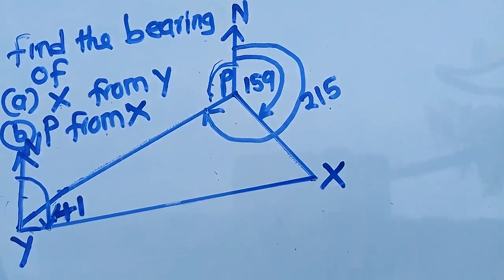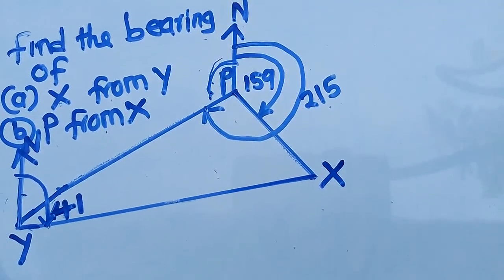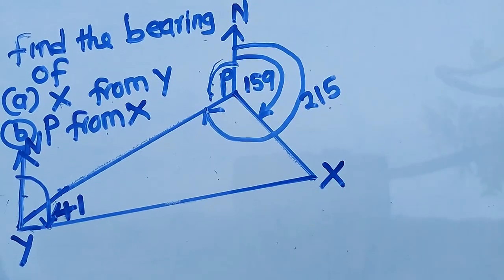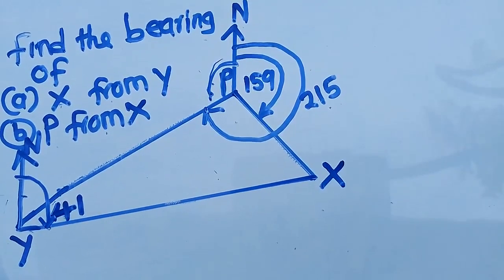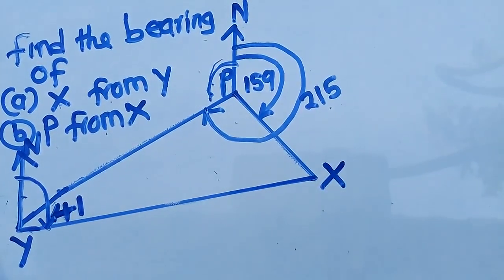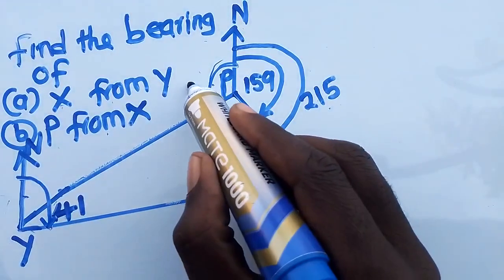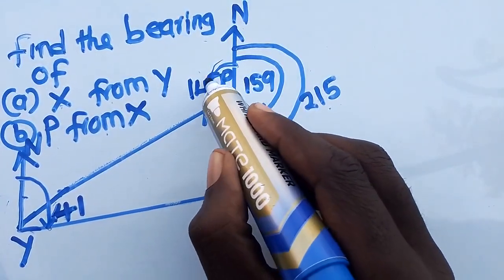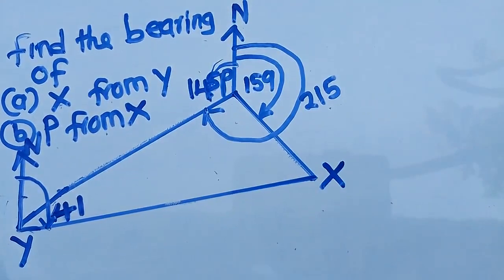So these are steps that you need to do. 360 minus 215. What are you going to get? 145. So 145 is your answer. Meaning that here we've got 145 at P. There is P, 145.